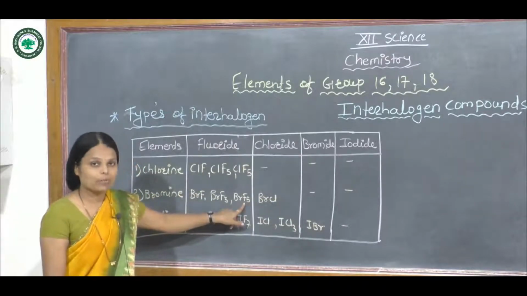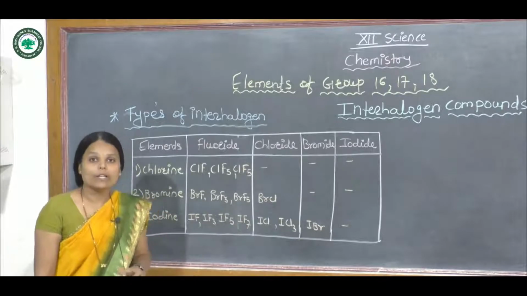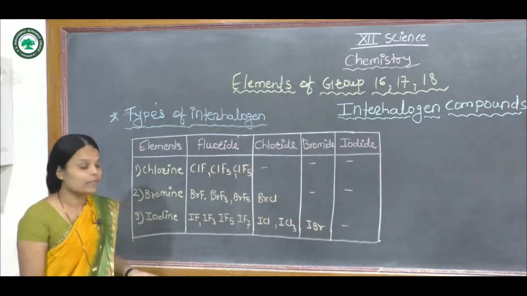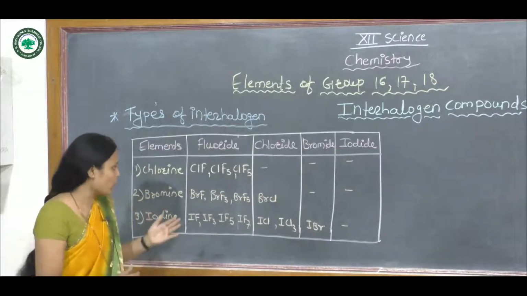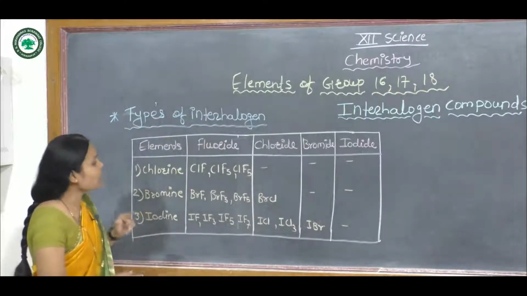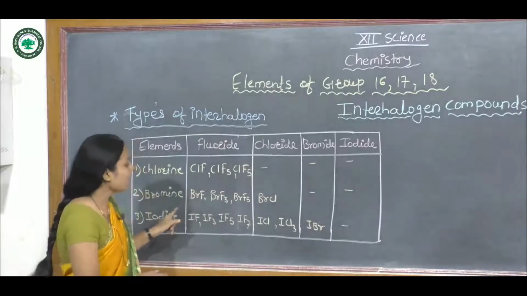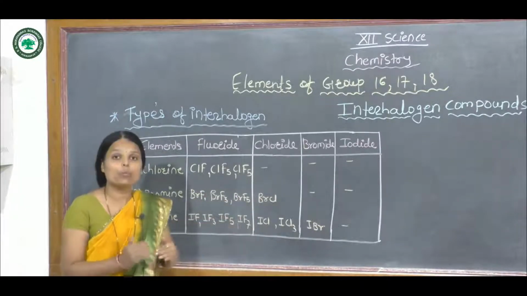Why is it called pentafluoride? Because 5 fluorine atoms react with a bromine atom, and that is why it is called bromine pentafluoride. Bromine also reacts with a chlorine atom and forms a new compound, bromine chloride.